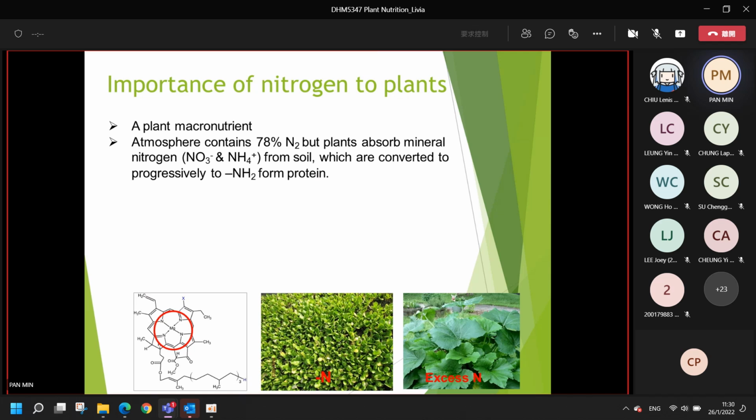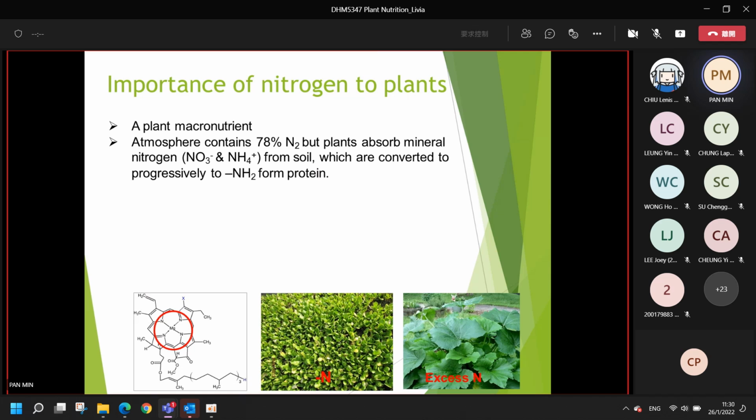And here shows the importance of nitrogen to a plant. Here I just show a little bit for nitrogen and phosphorus, because in the next lecture we have specific discussion of the functions, transportation, as well as the deficiency and toxicity of all the 14 nutrient elements on plants.